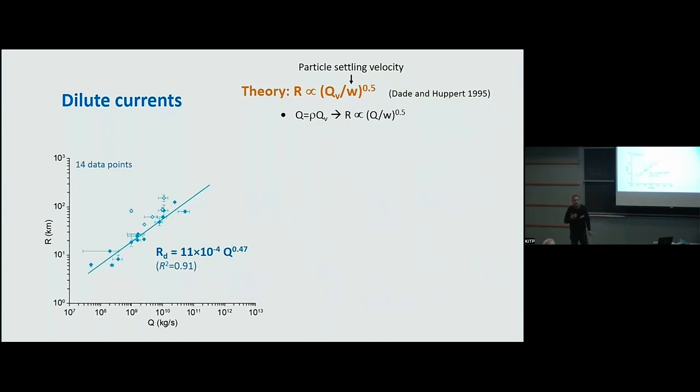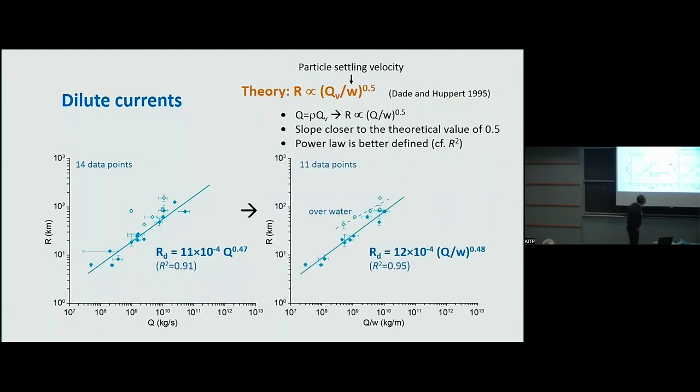This is obviously another simplification, especially since clusters can form and can enhance the settling velocity. But then, with these estimated velocities, we can calculate the ratio Q over W, and we obtain this new power law relationship, which shows that the exponent is closer to the theoretical value of 0.5, and also the power law is better defined since the coefficient of determination is 0.95.